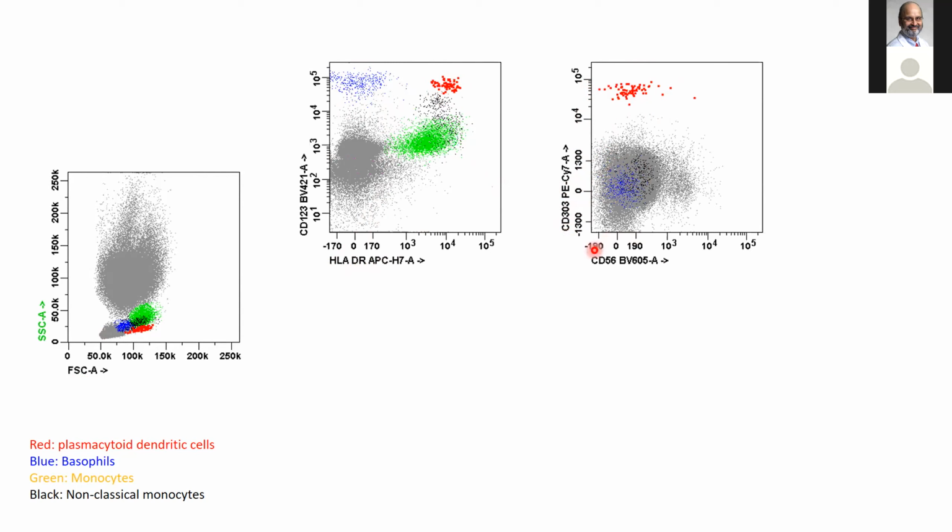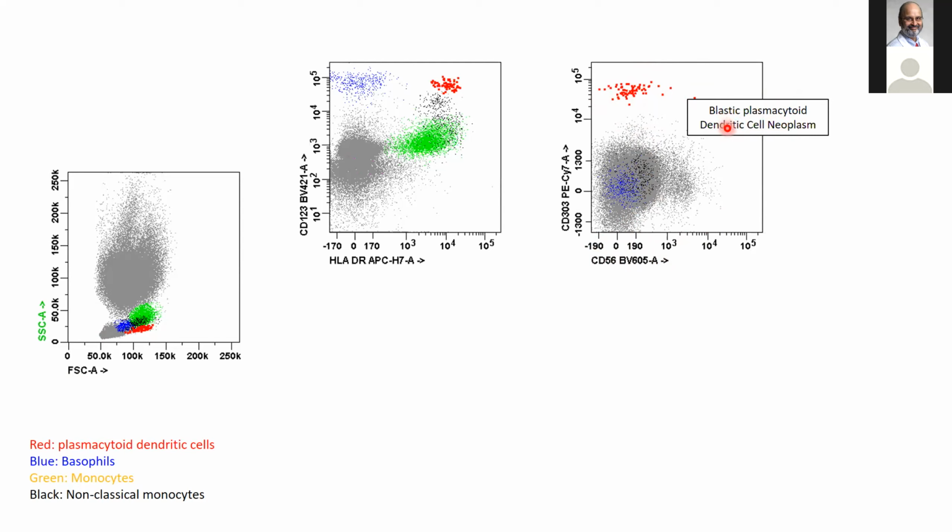Now CD56 is an important marker to look at. Specifically, you can see that your basophils are negative, but in particular, you want to see that your plasmacytoid dendritic cells are predominantly negative for CD56, but there will be small subsets of plasmacytoid dendritic cells that actually do express CD56. So that's really important to recognize. Why? Well, that's a very characteristic immunophenotype of the malignant counterpart of normal plasmacytoid dendritic cells, the blastic plasmacytoid dendritic cell neoplasm.